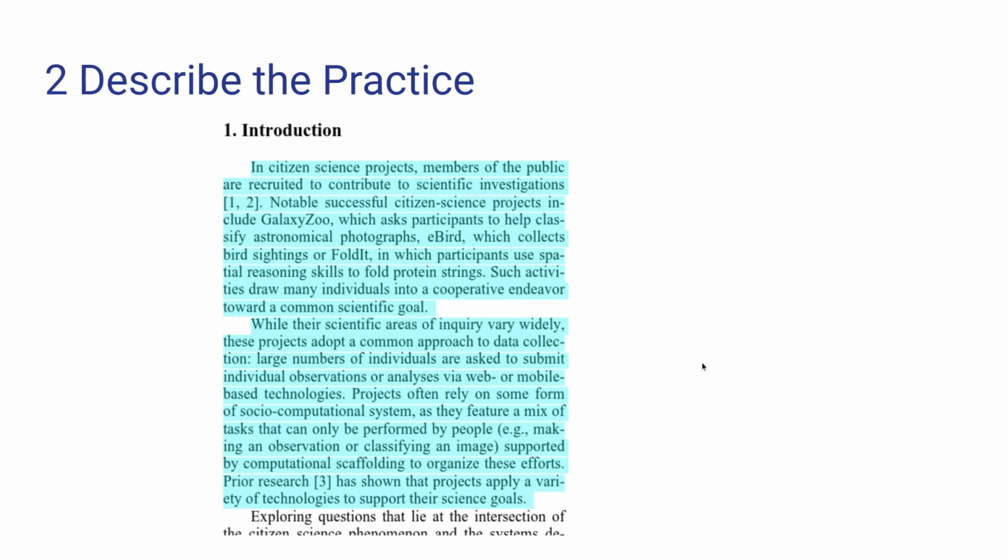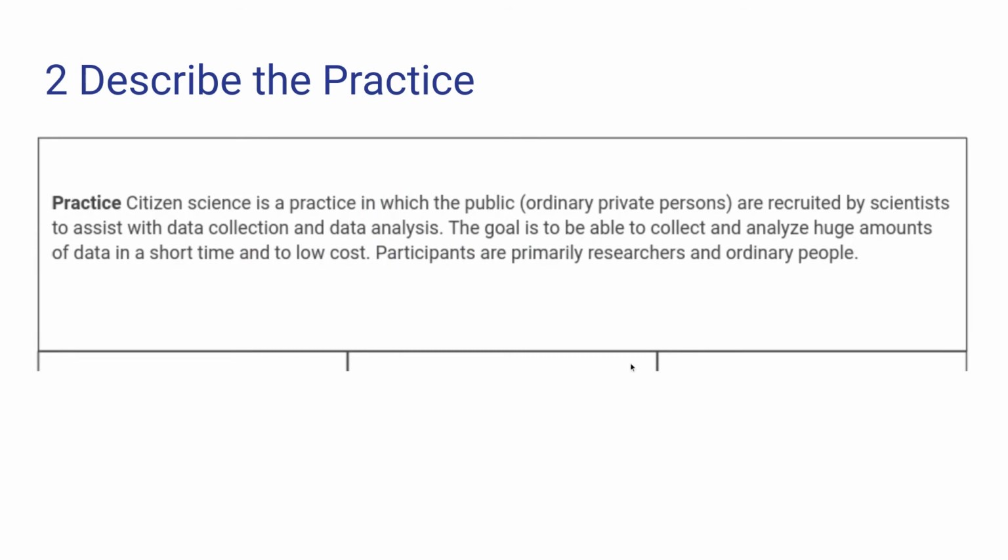So this is what this practice is about, and it's not difficult to summarize it here. Citizen science is a practice where ordinary private people are recruited by scientists. They assist with data collection and data analysis. And the very idea here is that it should be possible to collect and analyze huge amounts of data in a short time and not to such a high cost. And the people involved are researchers, scientists, and ordinary people.